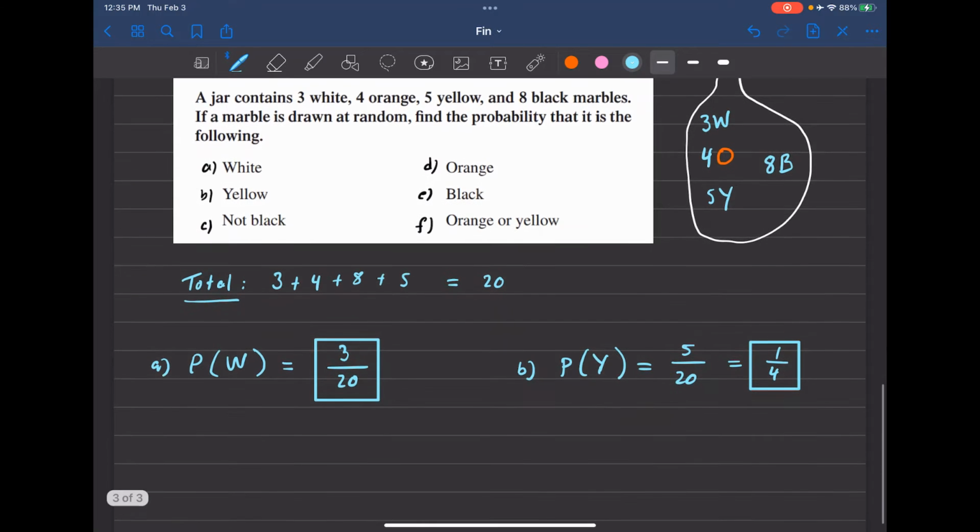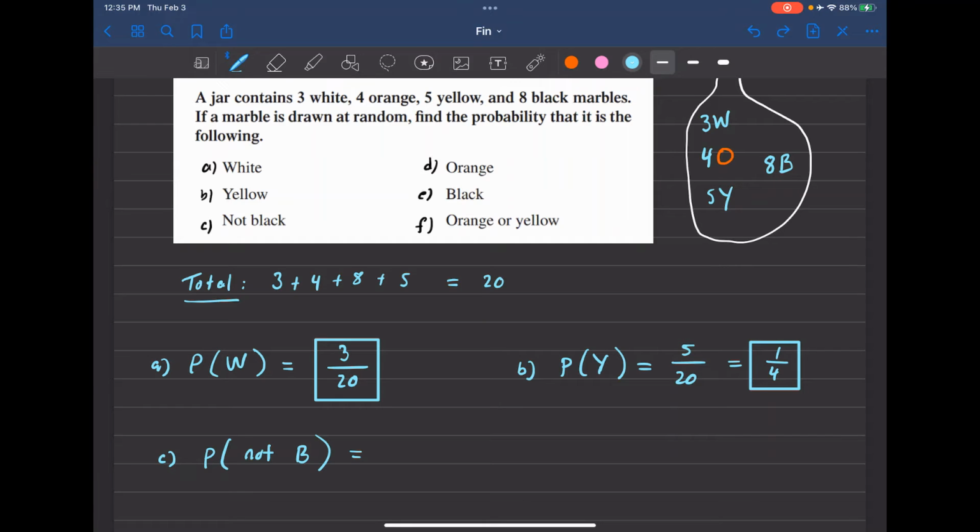All right, now let's take a look at the next part, C. We want to find the probability that it is not a black marble. That means we want anything but a black marble. Well, there are 8 black marbles. So if I add up 3, 4, 5, those are the marbles that are not black.